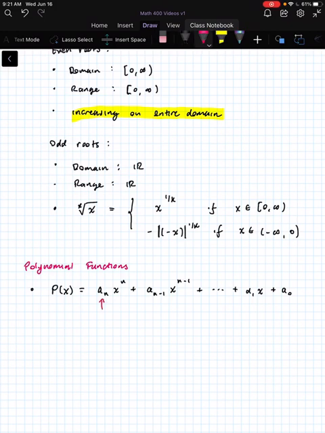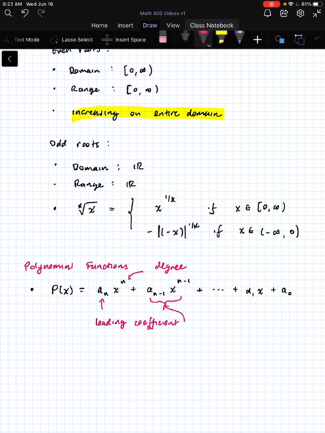So importantly, let's identify the pieces here. This right here is our leading coefficient. It's the real number directly in front of the highest power on x. The highest power being called the degree.